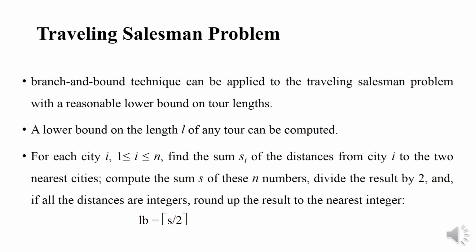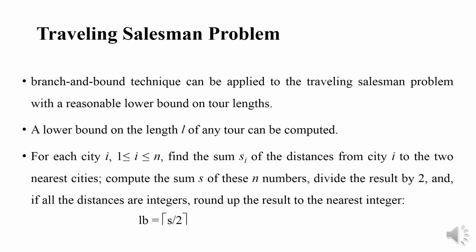So the branch and bound technique can be applied to this traveling salesman problem with a reasonable lower bound on the length of the tour. So lower bound on the length L of any tour can be computed. If there are n cities, for each city I, where I ranges from 1 to n, we need to find the sum Si of the distances from city I to the nearest two cities.